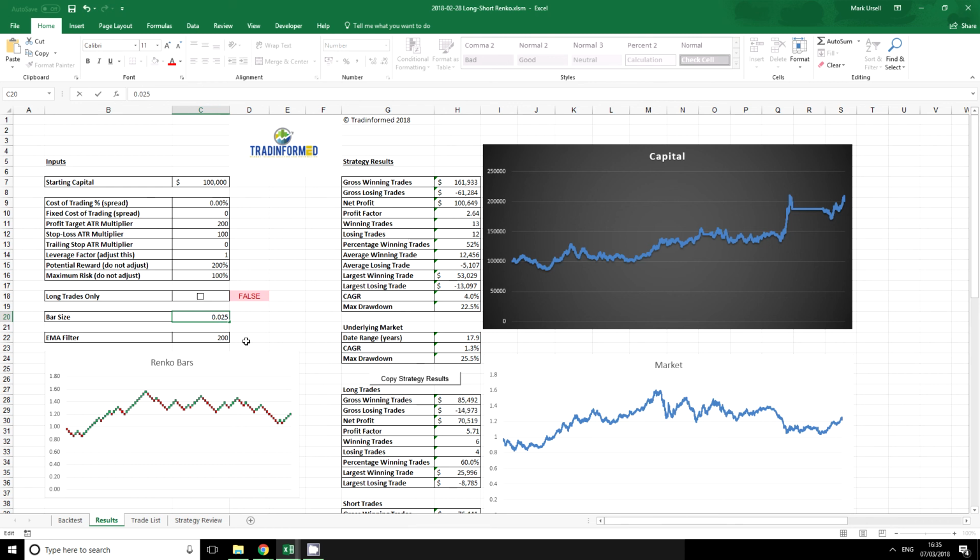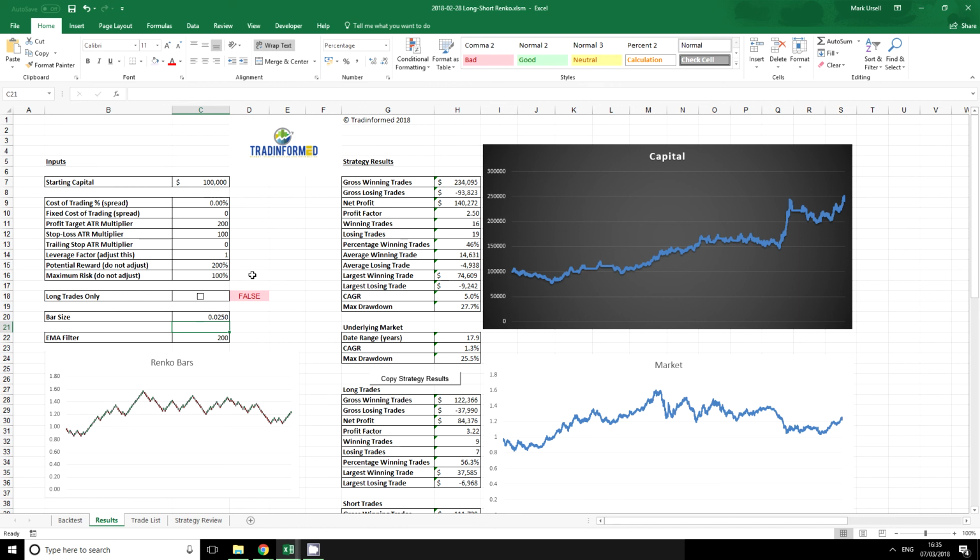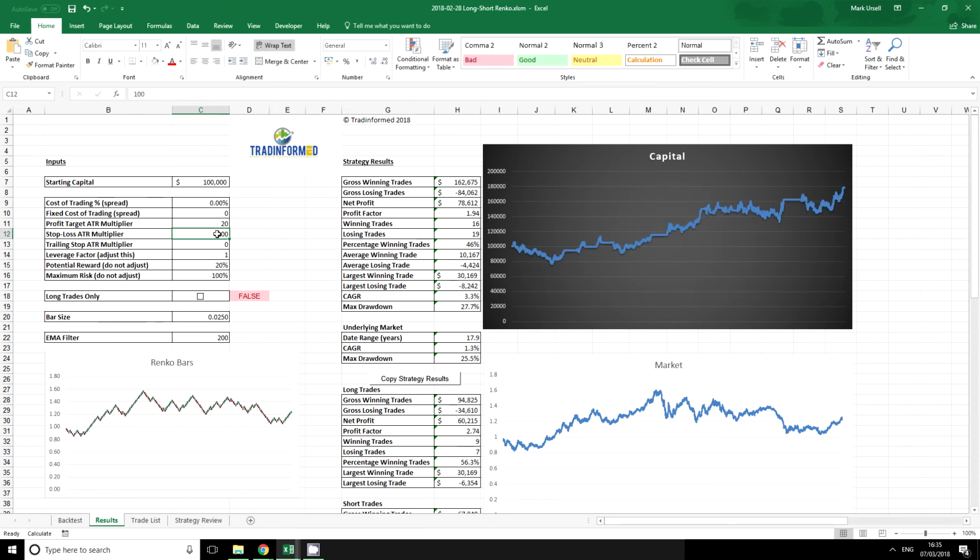So once we've found an area that's stable, we can then look to see what the effect of different types of targets is. We can try a stop loss. And we can see how that affects the results. See, we get a lower drawdown.